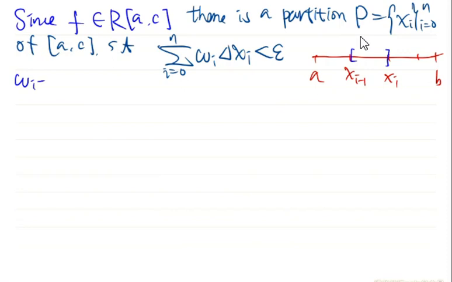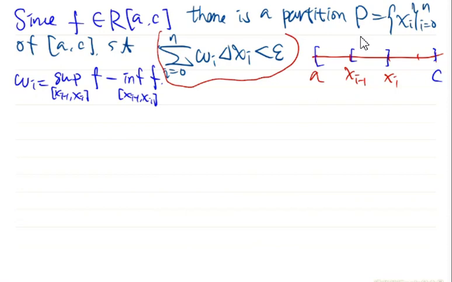That is, omega_i is the supremum of f minus the infimum of f over [x_{i-1}, x_i]. Since f is Riemann integrable in [a, c], we can take a partition of [a, c] so that the sum of the oscillation areas is smaller than a given positive number epsilon.